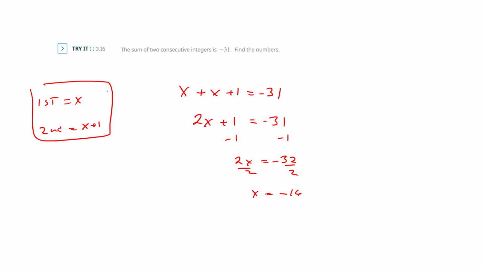Okay, negative 16 is my first one. My other one is one more than that. Now be careful here. This is a little strange. Negative 16 plus 1 is going to be negative 15. So my two numbers are negative 16 and negative 15. Just be careful of that. Do you see what I'm doing there? My dictionary said negative 16 plus 1. Well, that's negative 15.